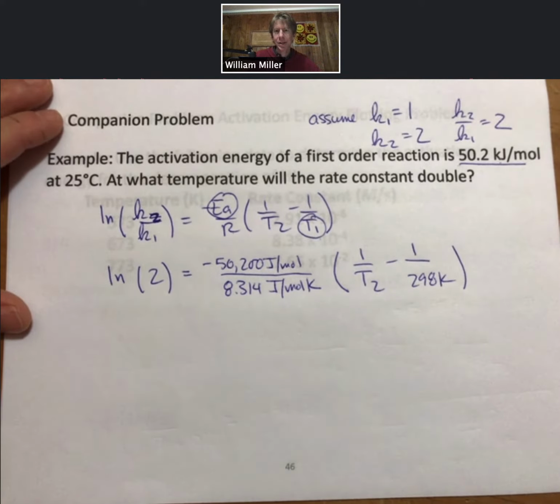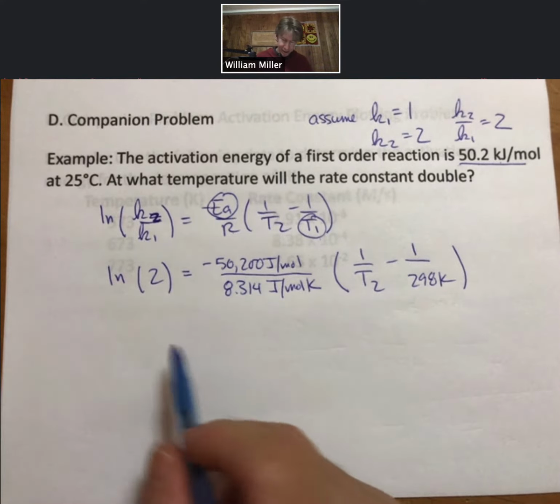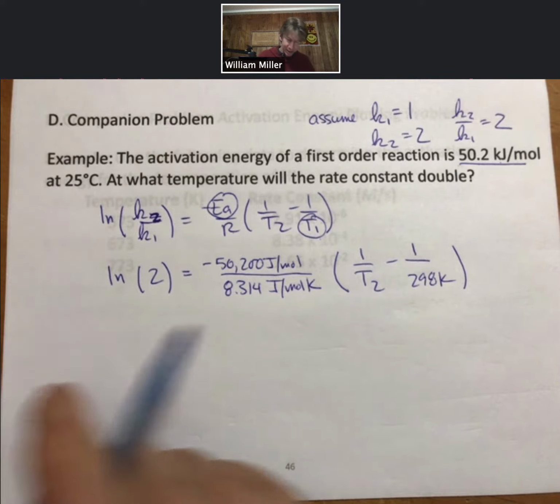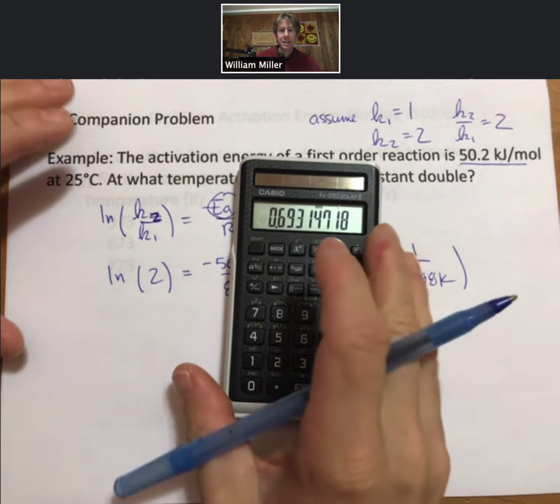And so the only thing we don't know is T2. Let's go ahead and solve for it. And I just sort of work this out as I go. So I've got 2 natural logarithm is 0.693.